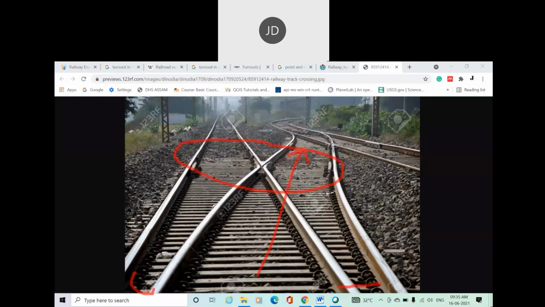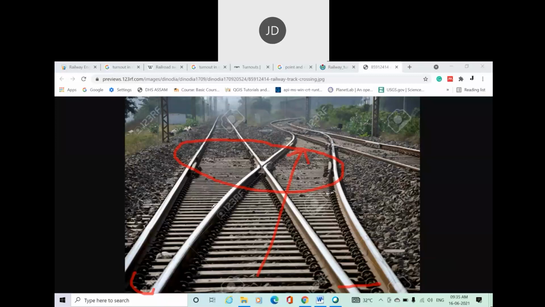I'll give you a proper basic definition of turnout also. Turnout is an assembly of track components which provide the means by which a train may be transferred from one track to another track.